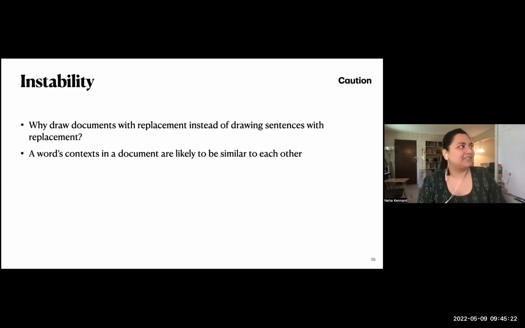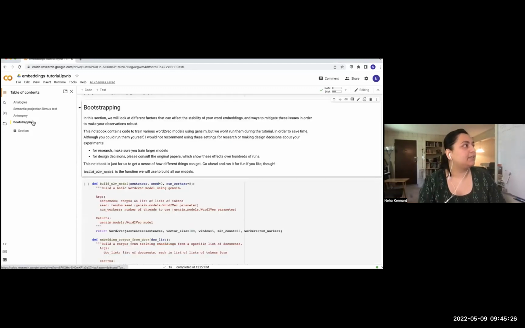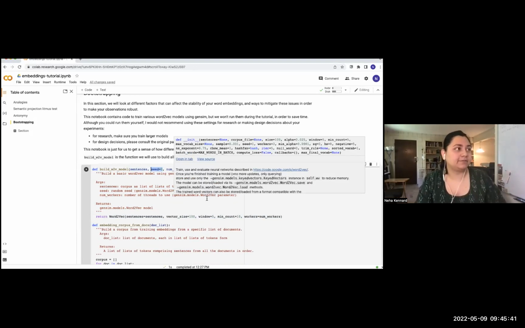Okay, I'm just going to skip over the rank stuff. So if we go here, I have this function to build a word2vec model with Gensim, and I'm giving it a set of sentences and a random seed that you might want to send off with different random seeds.